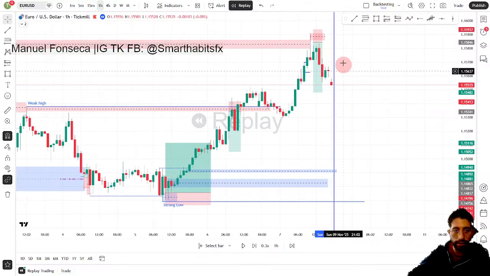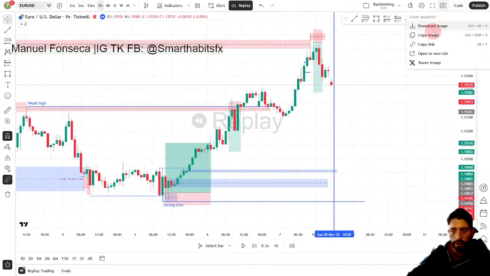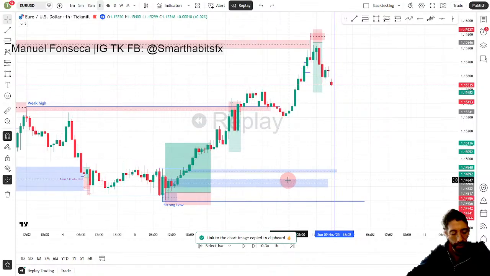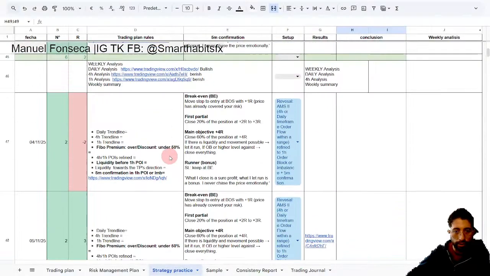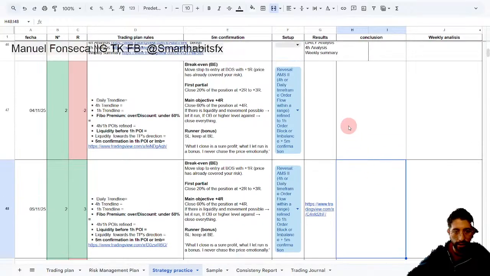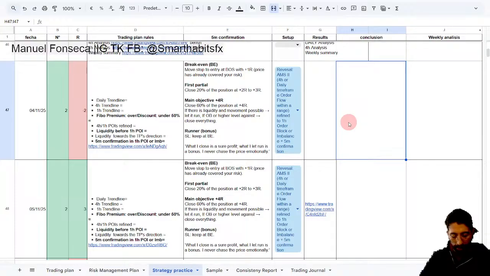And now what I'm going to do is copy the image, and I'm going to put all of this here in my trading journal. My suggestion is always to keep a trading journal, and I'm going to put here my reflections upon what I said: it is in a bullish trend.